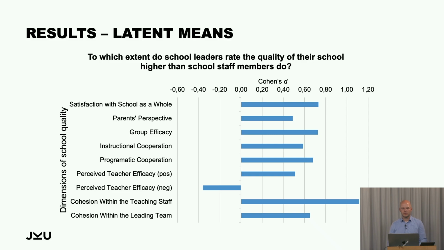There are high effect sizes, with some even larger than 1 for the dimension cohesion within the teaching staff. And then there are also very low effect sizes, for instance, for parents' perspective on school quality.